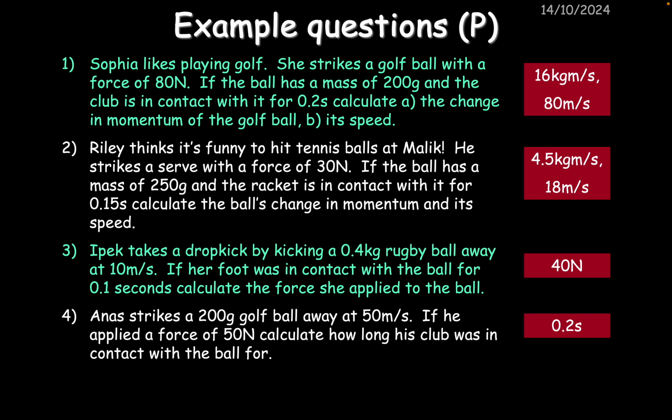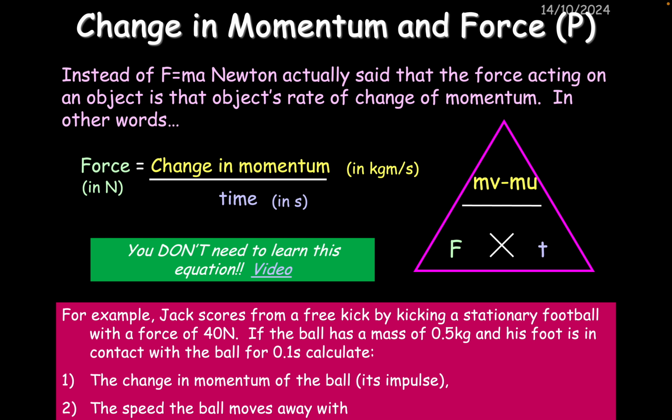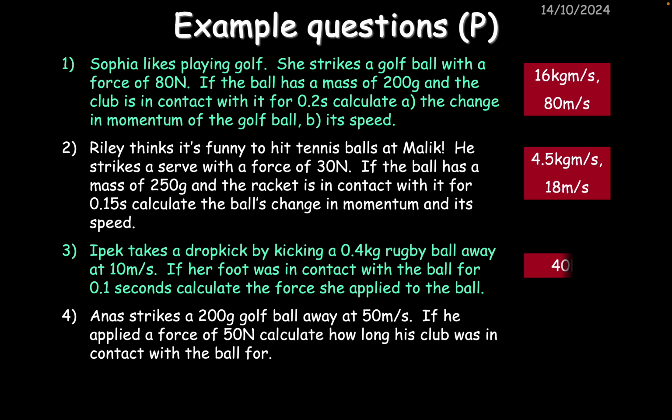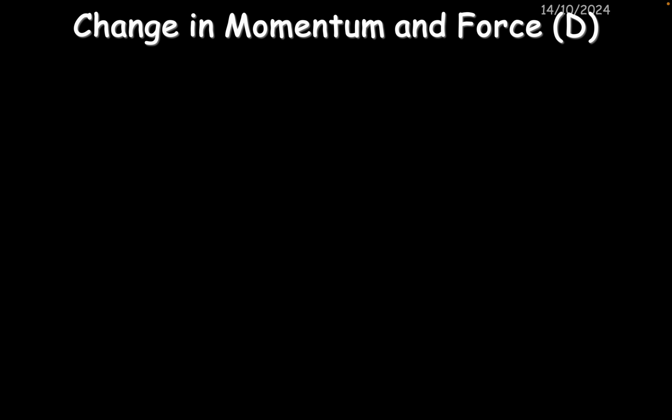This is exam technique that you need to practice using the equation on this page: Ft equals mv minus mu, or you can change it using the triangle, depending on your strength algebraically, whether you can change the subject of the equation or not. If you're continuing with physics up to A level, you should be able to do those problems without any difficulty. So, a bit of problem solving using that.